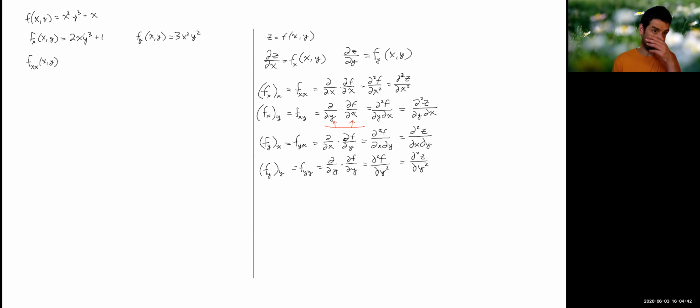So I'm looking at this 2xy cubed plus 1, treating x as my variable, everything else is a constant, and I end up with 2y cubed. Let's take a second y derivative here. Again, 3x squared is a constant, so I'm taking a derivative with respect to y. The 2 comes down, I get 6x squared, and y stays there.